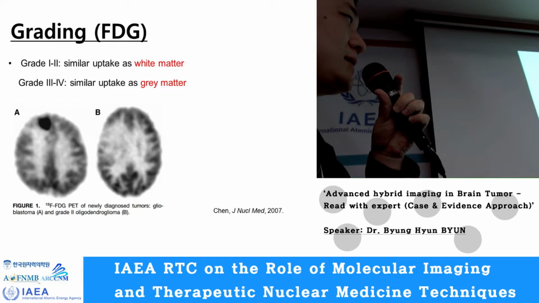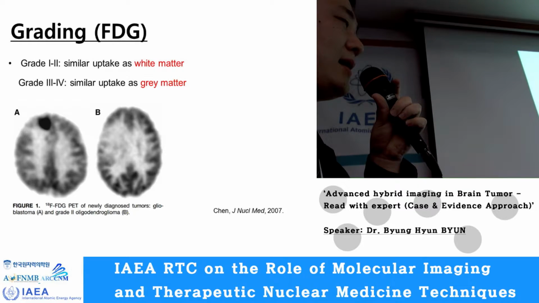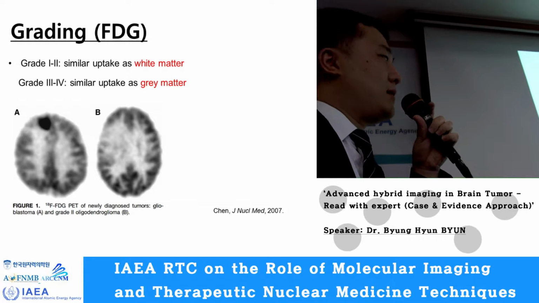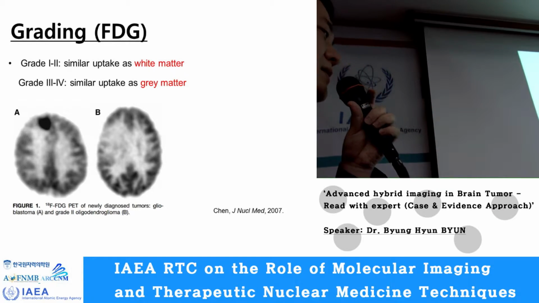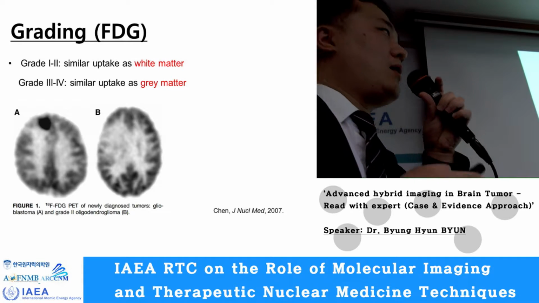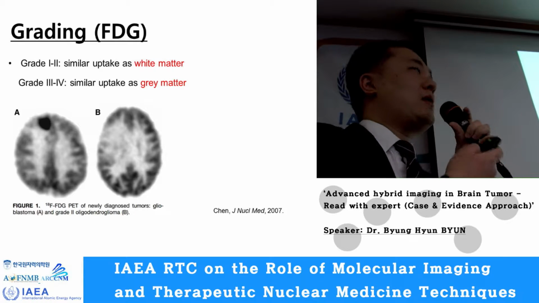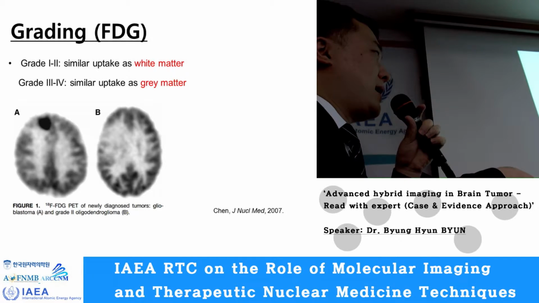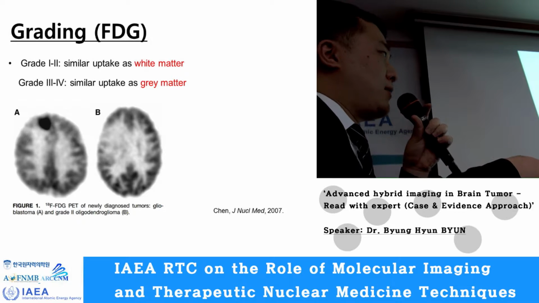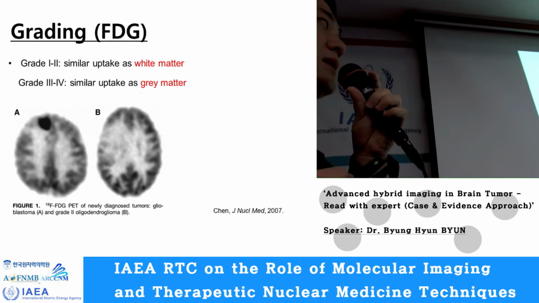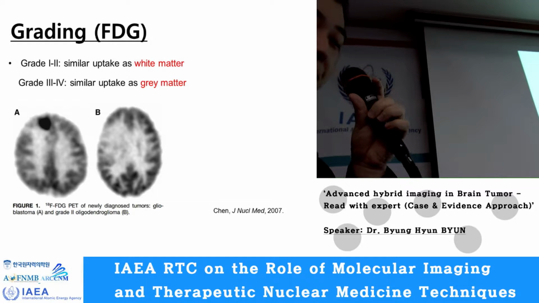Actually, the tumor was at this side, and the tumor showed similar uptake as white matter. The tumor was grade 2 oligodendroglioma. So, on visual analysis, we compare the tumor uptake with the normal parenchyma, white matter, and gray matter. Then we can estimate the tumor grade on FDG PET.